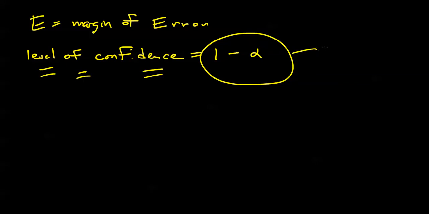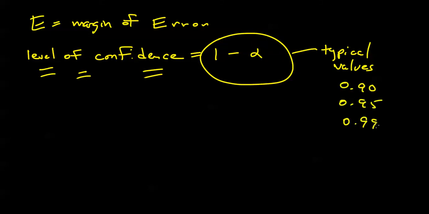I'll just say this for now: the typical values for our level of confidence are 0.9, 0.95, or 0.99, kind of low, medium, high levels of confidence.